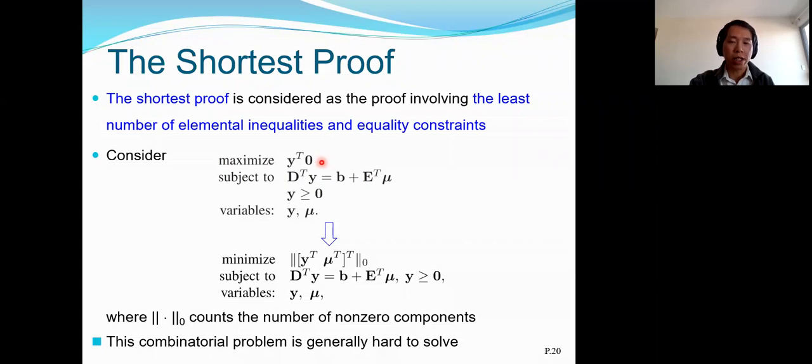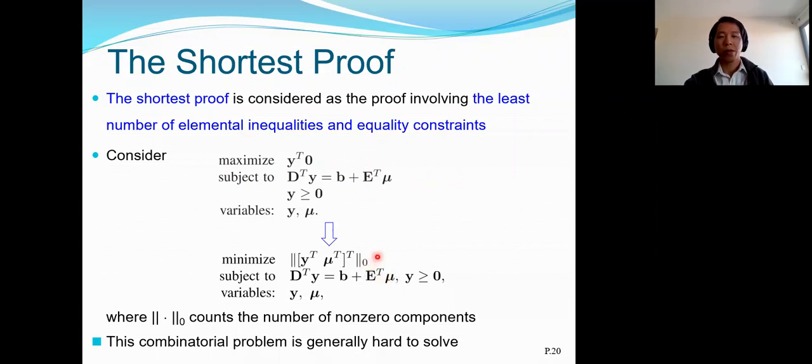So we can modify this part to become the L0 norm of the y and mu vectors. What we want to do is to minimize the cardinality of these 2 vectors, so that we can minimize the number of inequalities and constraints involved in the proof.